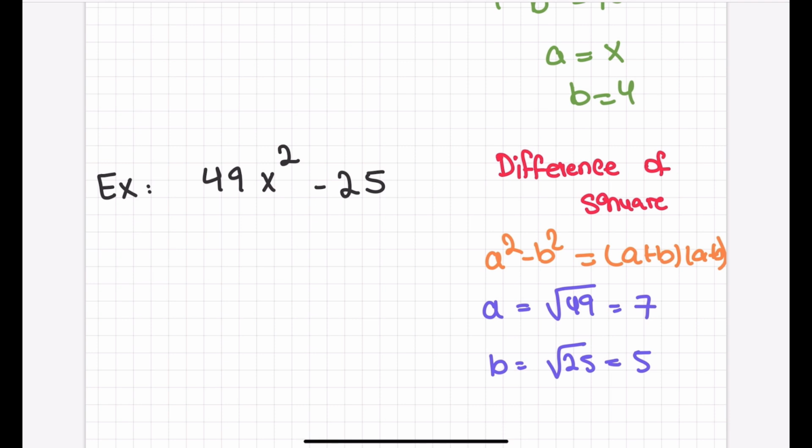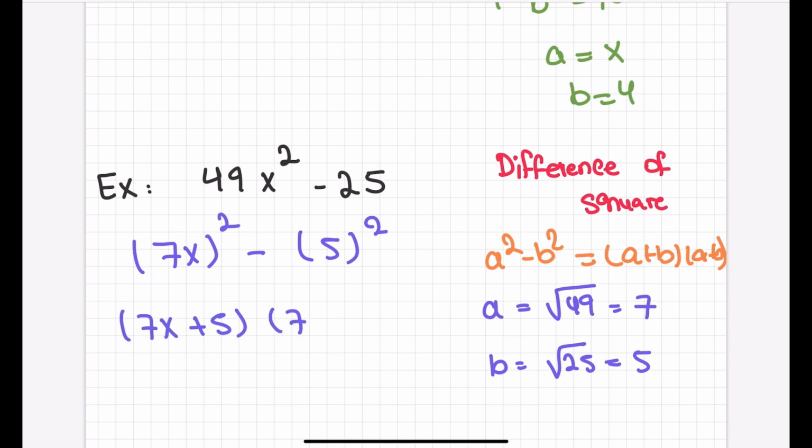So 49x squared is (7x) squared minus 5 squared. It's going to be (7x plus 5)(7x minus 5). So this is the factored form.